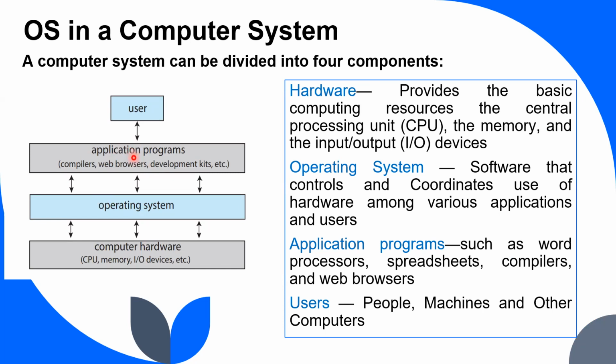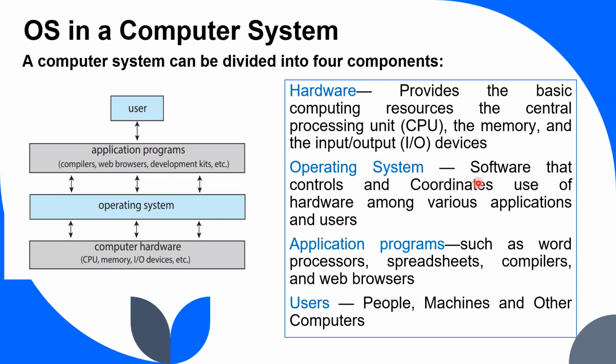So basically, the function of the operating system is to provide an interface between the computer hardware and the application programs. Now let us look at the details of the different components of the computer system, which include the hardware, which provides the basic computing resources. Always remember, in computer science terminology, computing resources means the CPU, the memory, and the I/O devices together, which are also called the hardware of the computer.